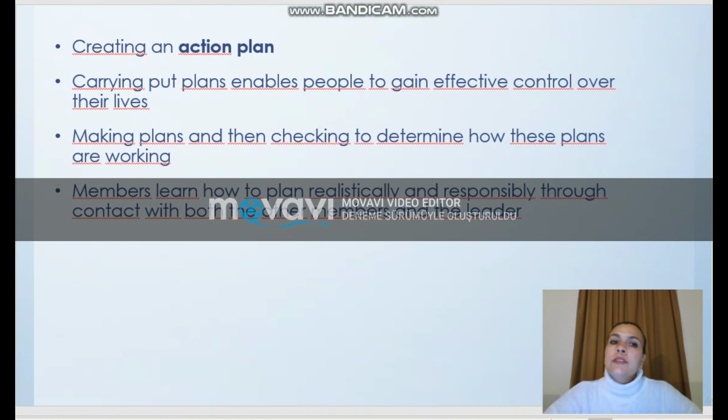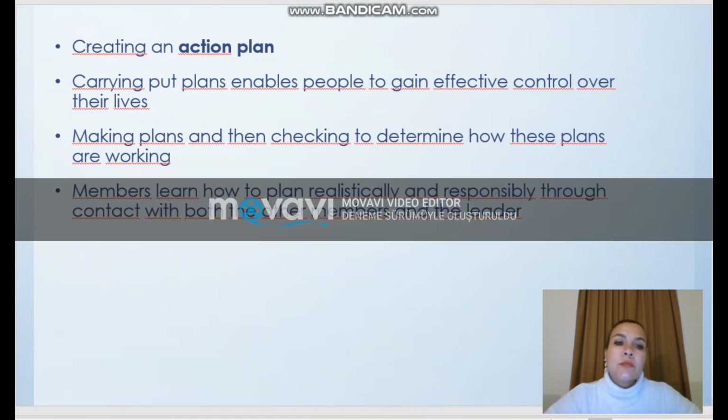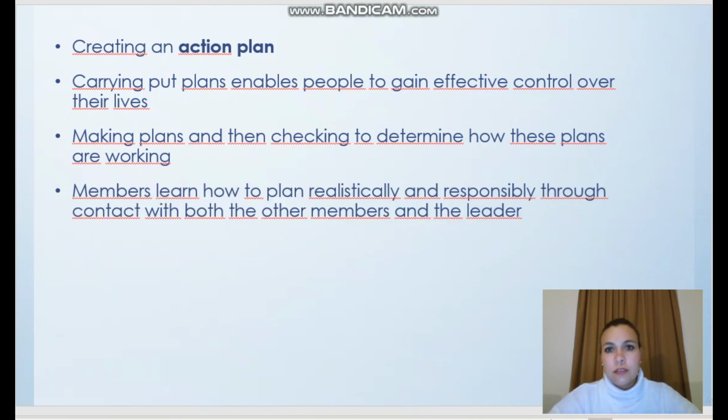As in behavior therapy, here an action plan is created as well, and carrying out plans enables people to gain effective control over their lives. Making plans and checking if they are working or not, members learn how to plan realistically and responsibly through contact with both the other members and the leader.